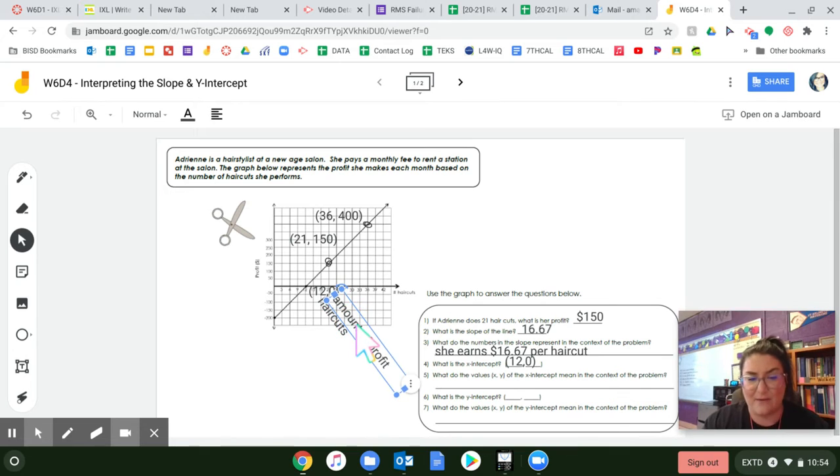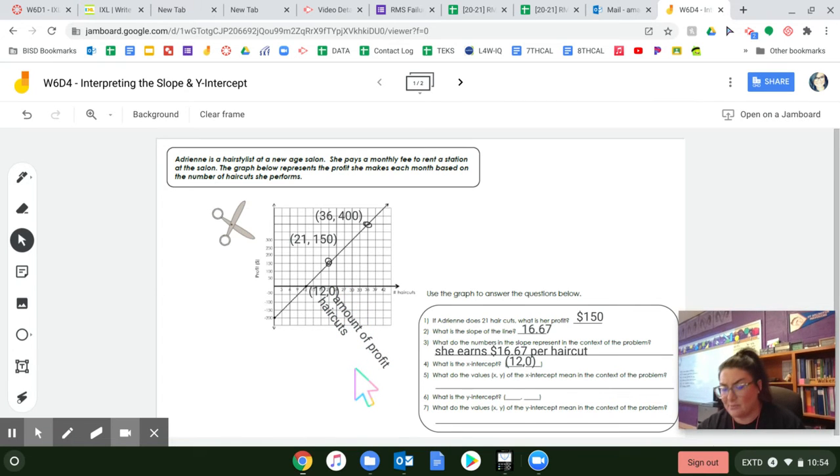So I want us to think about why she might not have made any money after 12 haircuts. I want you to think about anybody you might know that owns a small business or cuts hair. Do we cut hair just with our fingers? We don't really have to buy anything to cut hair? If you think about it, a hair salon has to buy a lot of things before they can conduct business, right?